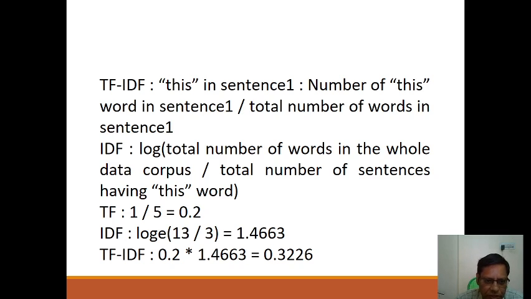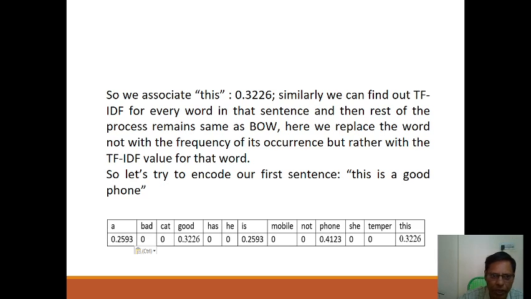So term frequency times IDF is 0.2 into 1.463, which is equal to 0.3226. This is the equation of term frequency and inverse document frequency. So we associate "this" with 0.3226.